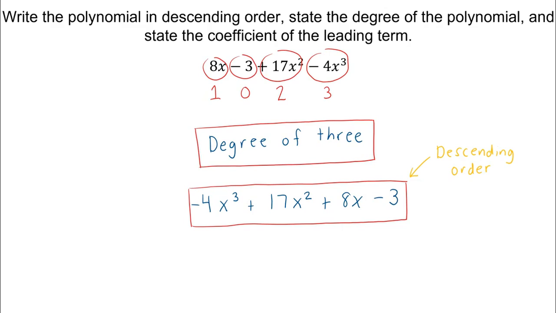So writing this polynomial in descending order, we would have negative 4x cubed plus 17x squared plus 8x minus 3. Now all we need to do is state the coefficient of the leading term. Well, remember, the leading term is the term with the highest degree. So our leading term is negative 4x to the 3rd power. And what's the coefficient of that leading term? Well, it's negative 4. So negative 4 is our leading coefficient.